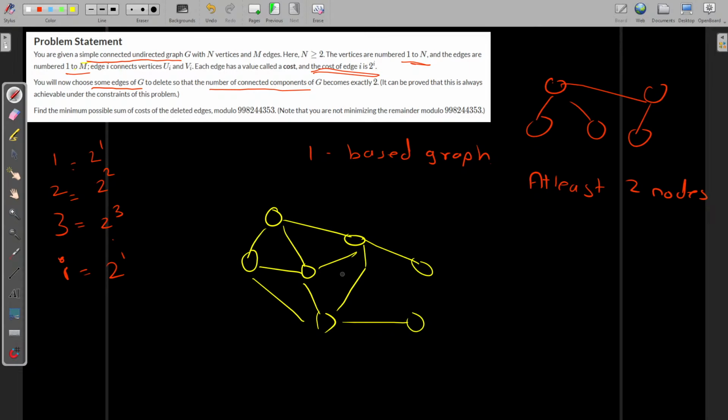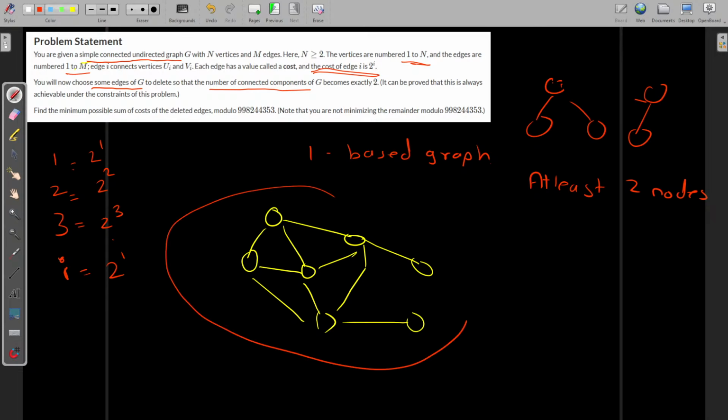So we have to delete some edges, and after the deletion of those edges, the number of components should become 2. Currently, the number of components is 1, right?